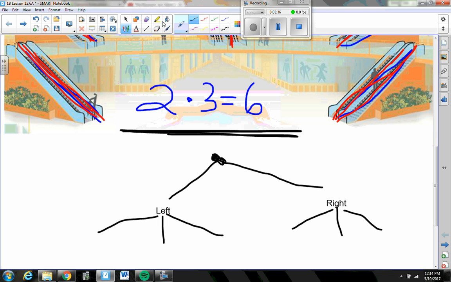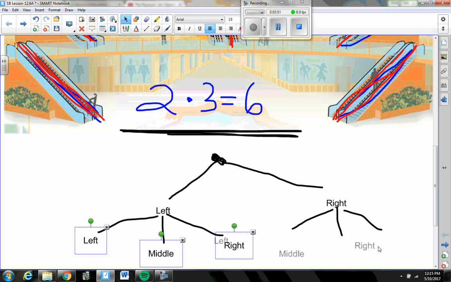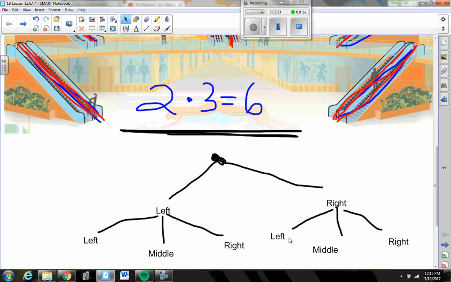We can either take the left escalator, we can take the right escalator, or we can take an escalator in the middle. And the same thing over here. Left, right, or middle. Okay?